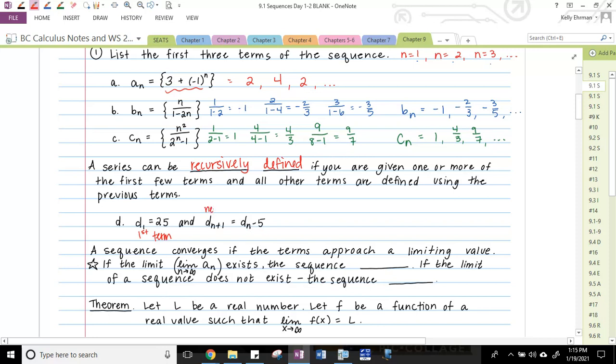So the next term is equal to the previous term minus 5. So if d1 is 25, then d2 should be d1 minus 5, so 20. d3 should be d2 minus 5, which is 15, et cetera. So d sub n is 25, 20, 15.